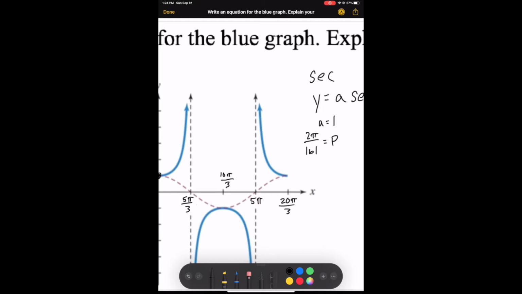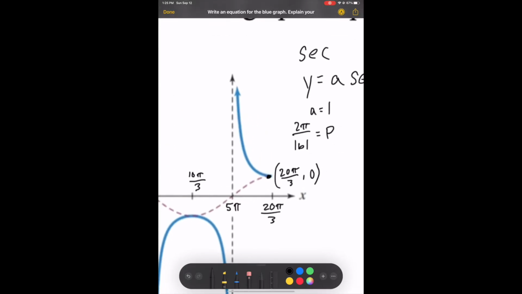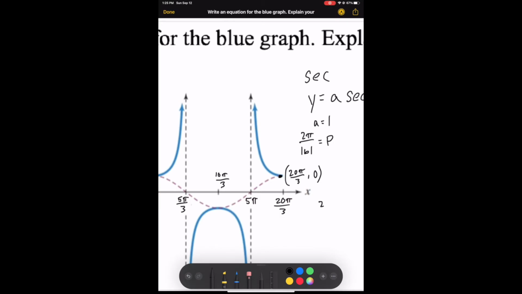And so we can look at the last key point, which is over here, (20 pi over 3, 0). And so we can go ahead and plug this in. So 2 pi over B equals 20 pi over 3.